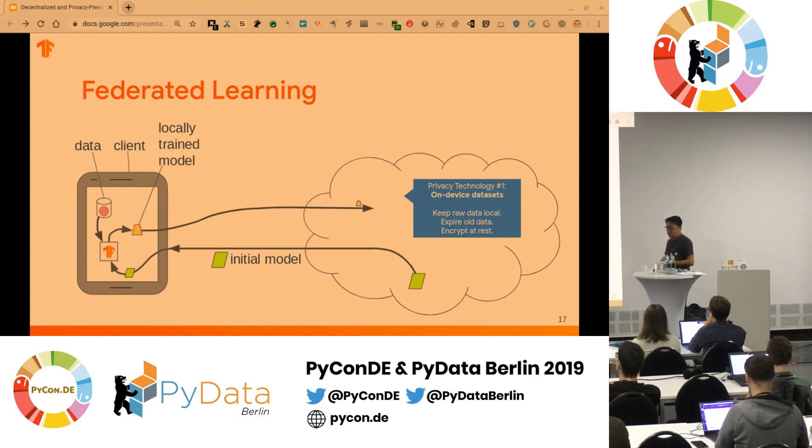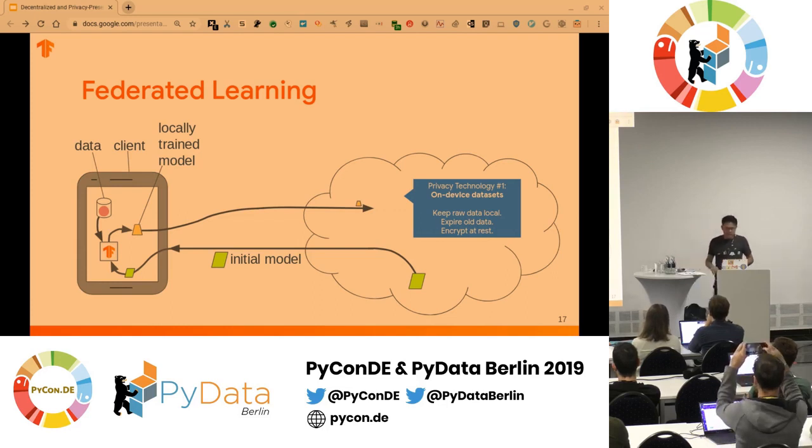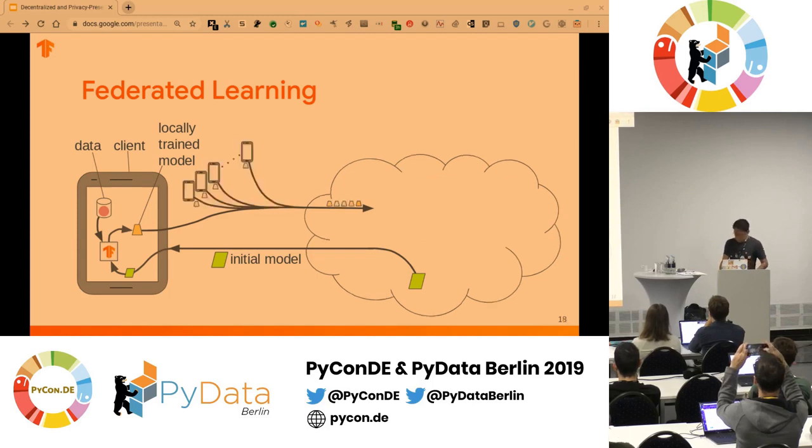It has to expire the data in a timely fashion, and it has to encrypt it at rest so that it doesn't leak. But the learning protocol is completely agnostic to what data there was. It doesn't need the data, and so it's completely out of the picture. So that's the privacy technology that is enabled with this.